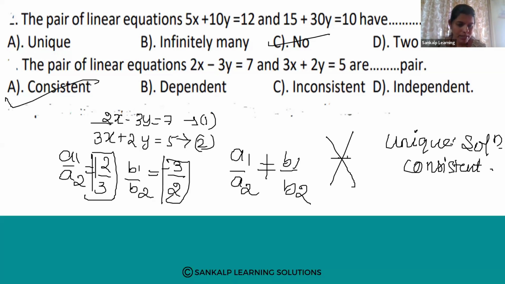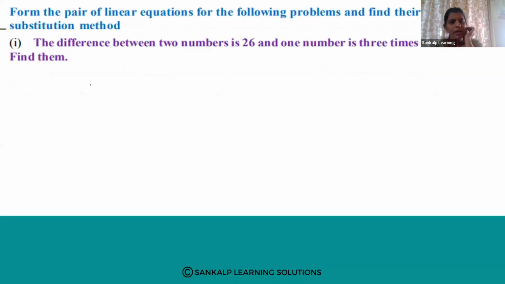Okay. Next. Form the pair of linear equations for the following problems and find their solutions by substitution method. See here, we are going to use substitution method. The difference between the two numbers is 26. That means here two numbers are there.